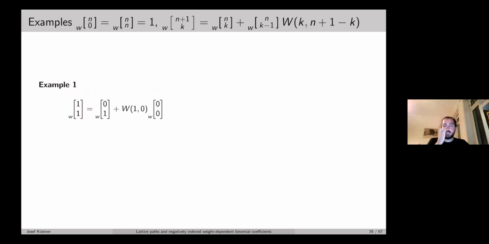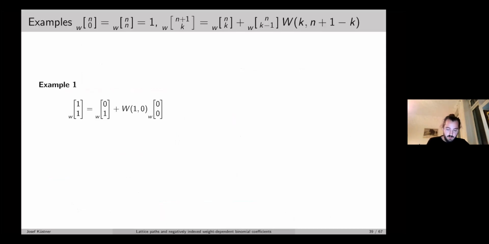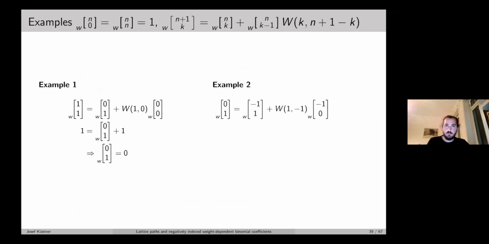So the very easy example, where we know already 1 choose 1 is 1 from the initial conditions. We know 0 choose 0 is 1, and the big weight 1, 0 is 1, because t is equal to 0 here. Okay, so we can compute 0 choose 1, which is again 0, as also in the ordinary and in the q case.